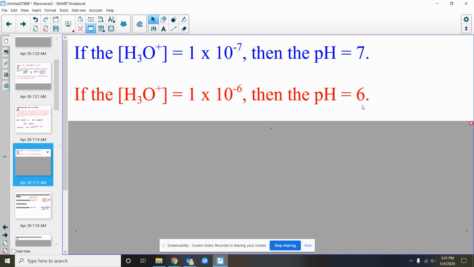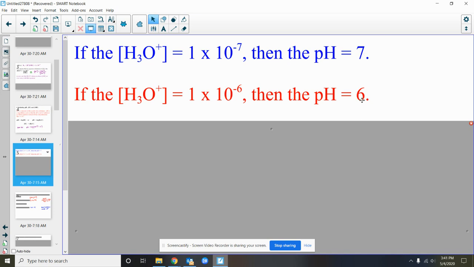But I only see a difference of 1 in my pH scale. Even though this is 10 times bigger than this one, it's only going to drop me one number. However, because it's a log scale, that actually means that this 6 is 10 times more acidic than this number is.